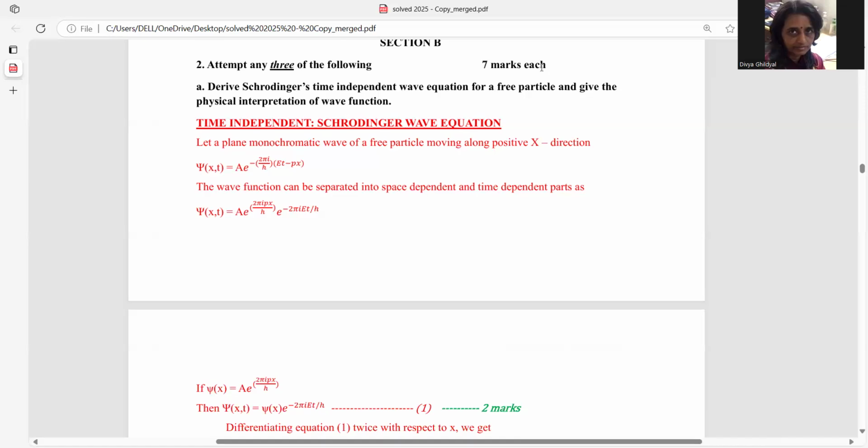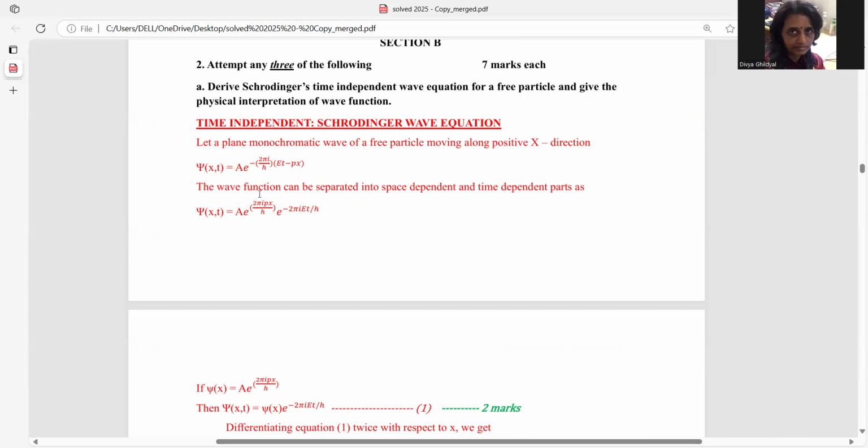So you have to break these 7 marks down, how you will get your 7 marks. So first you will tell about the plane monochromatic wave and the formula for that wave. You will mention what the terms are, 2 pi i upon h (Et minus px), like p is momentum, E is energy, t is time.